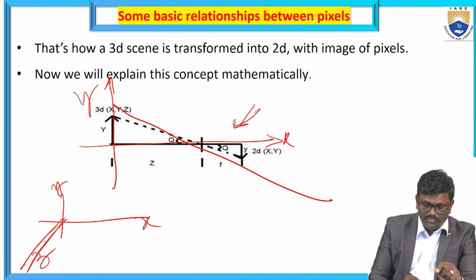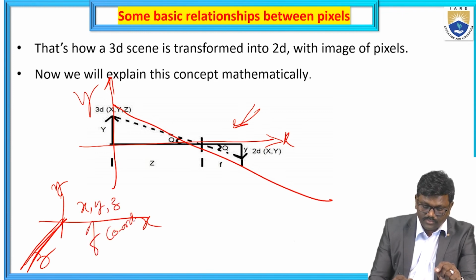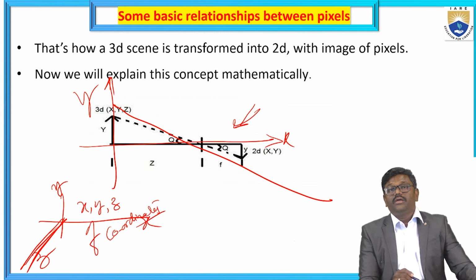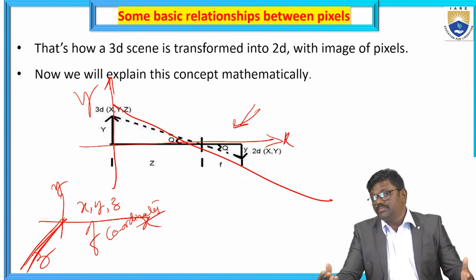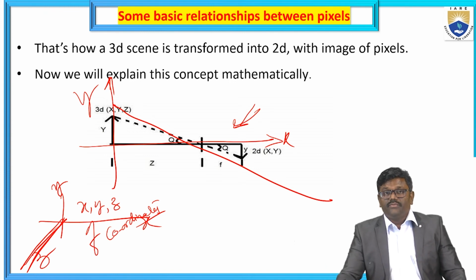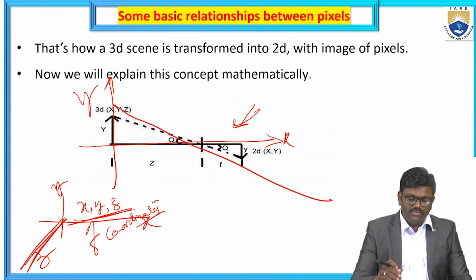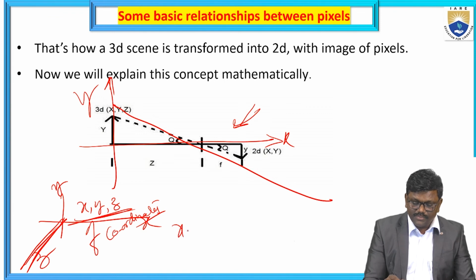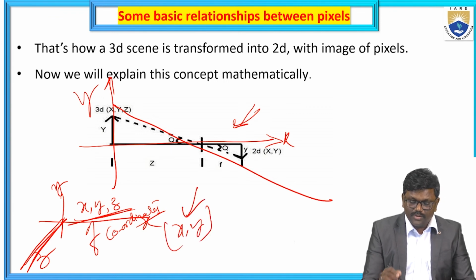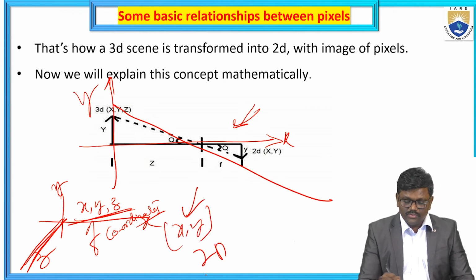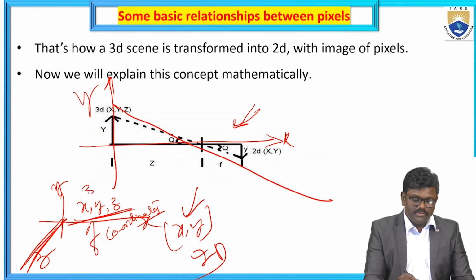So when we find x comma y comma z of particular coordinates, the relationships of the matrix or the image values help us to say it is a 3D image. When you say only in terms of x comma y, the relationship of the image is 2D. This is 2D, this is 3D.